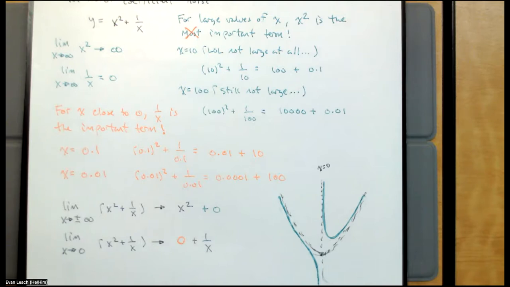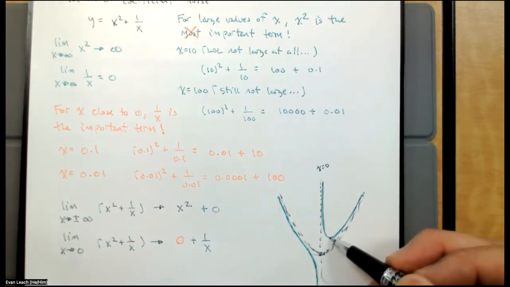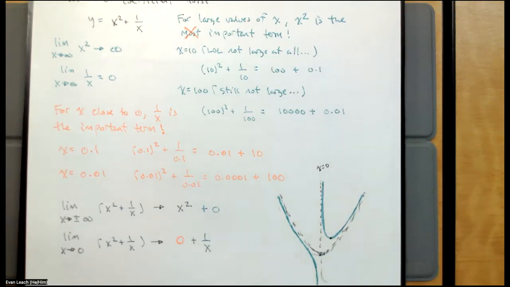The amount that we're subtracting is very small when we're far away from 0, but grows as we get closer to 0. So depending on how much we're adding with the 1 over x, that'll determine how close this bottom part, the point that we were looking for, gets towards 0.